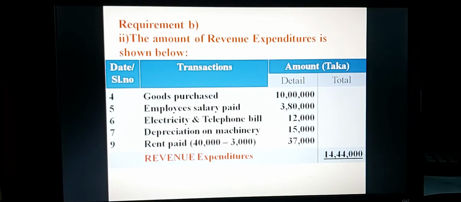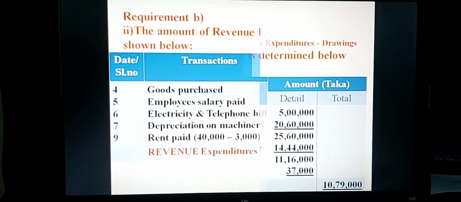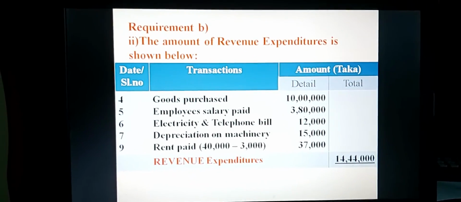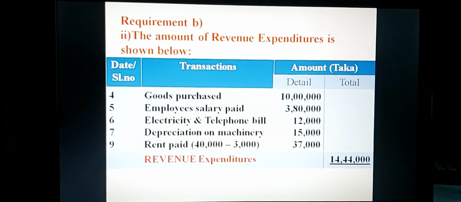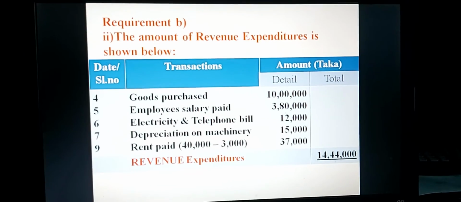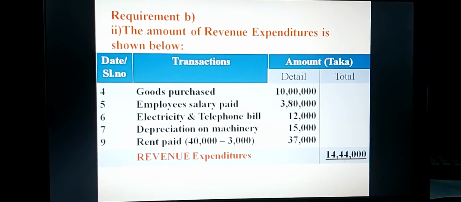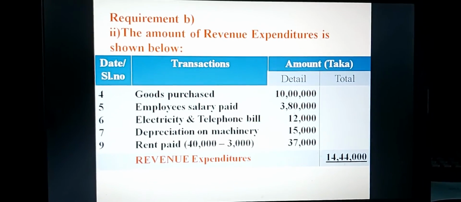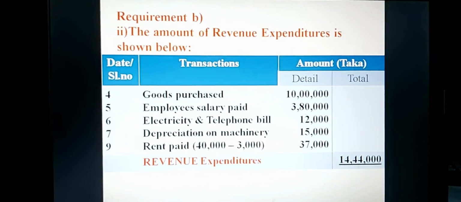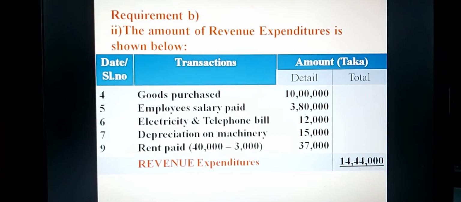Okay, now you can go to requirement C. Find out the amount of owner's equity. I think you are well aware of what the amount of equity is. At first, you have to know how to find the amount of equity.